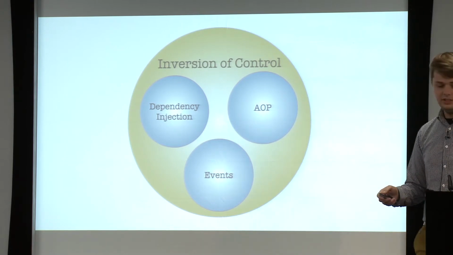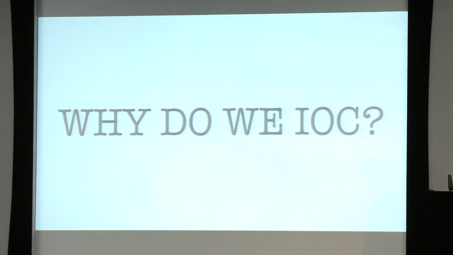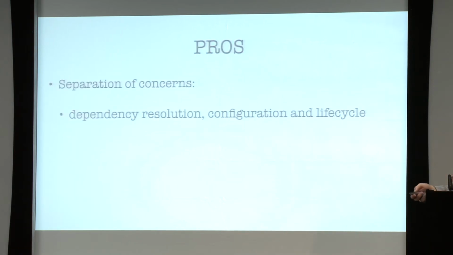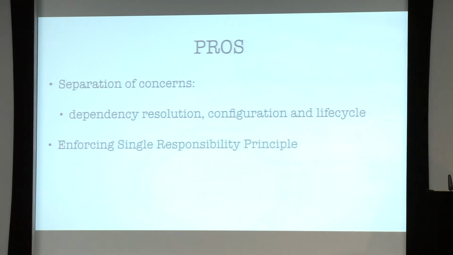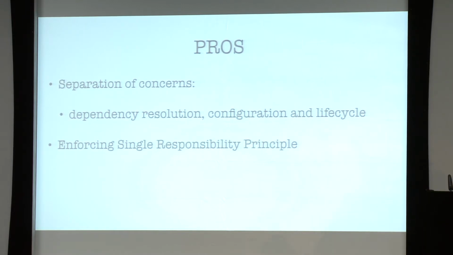But first, in the very beginning, I would like to say, why do we invert this control of our applications? And what are the pros? Just quickly, we know all that. We don't want to care about the dependency resolution, configuration, and so on. We want to enforce the single responsibility principle, which says it's not that an object or method or class has one responsibility.